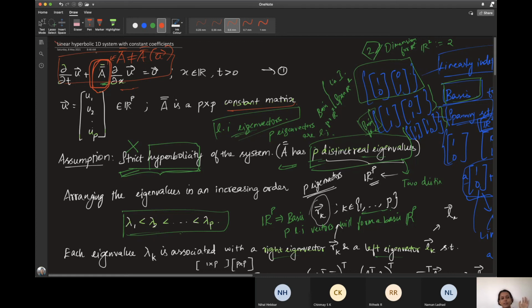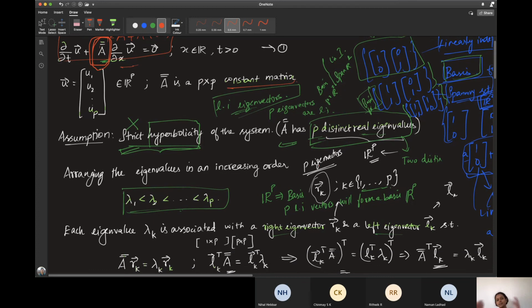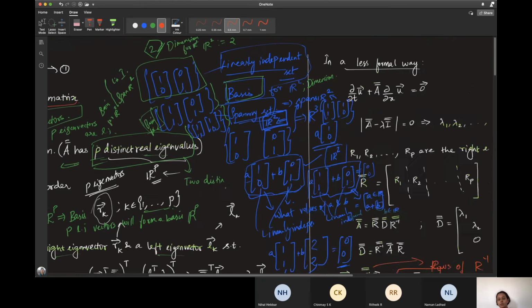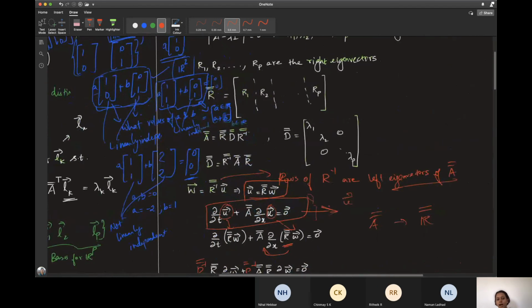When it's hyperbolic, you get linearly independent eigenvectors for this matrix A. And I've told you R inverse doesn't always exist. It exists only when all your eigenvectors are linearly independent.